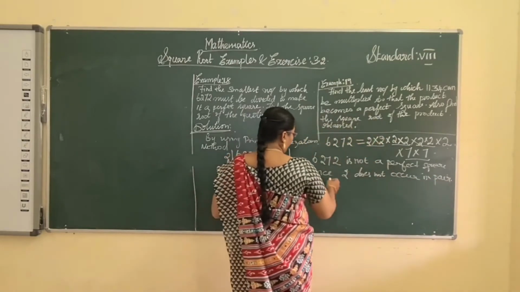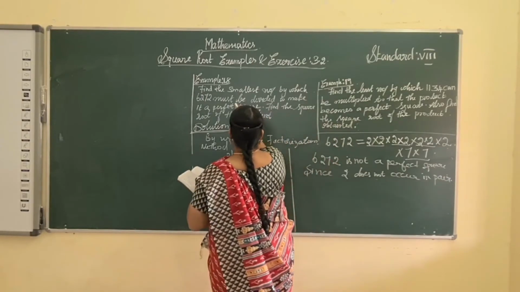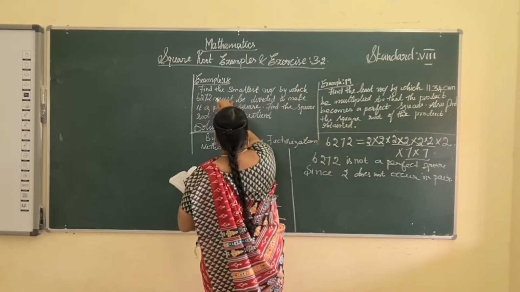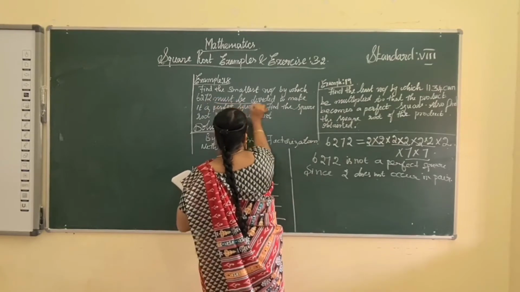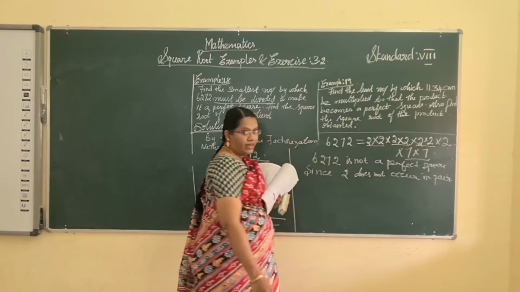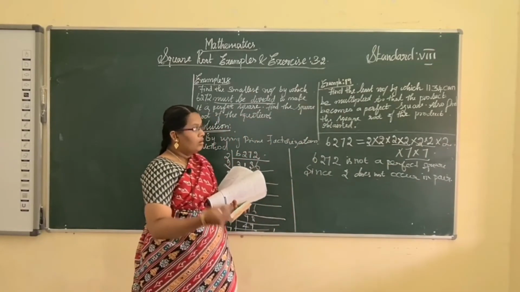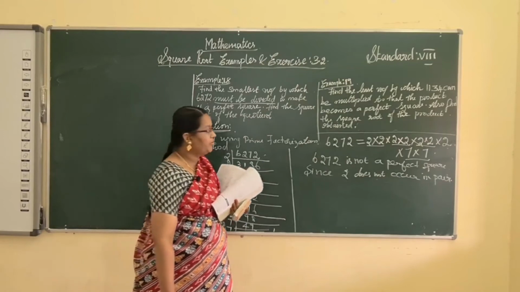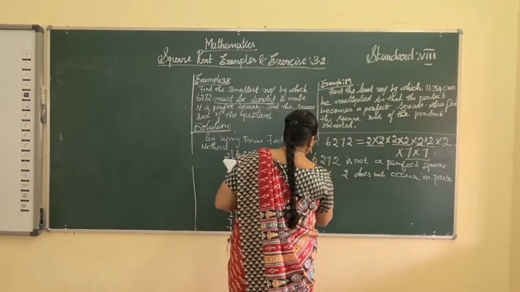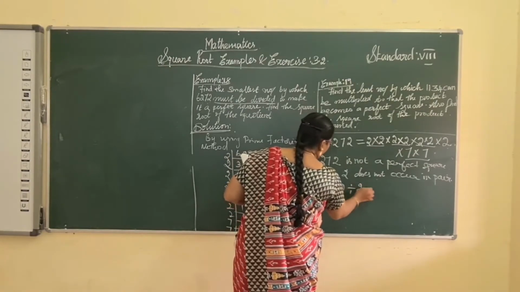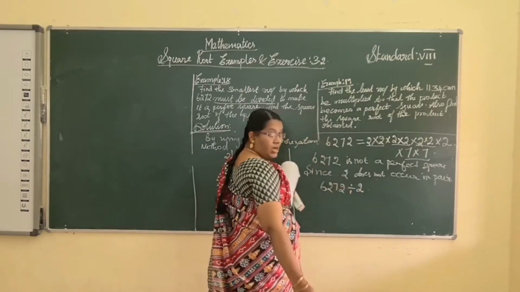Okay. So here it is asked to find the smallest number by which 6272 must be divided. Must be divided means we divide by 2, and we get the perfect square. So 6272 divided by 2, the smallest number is 2.